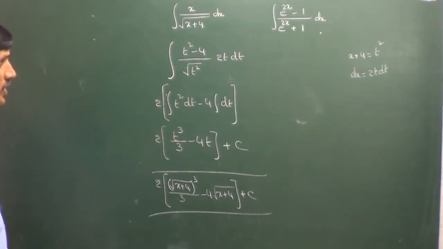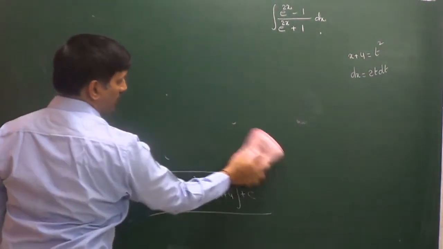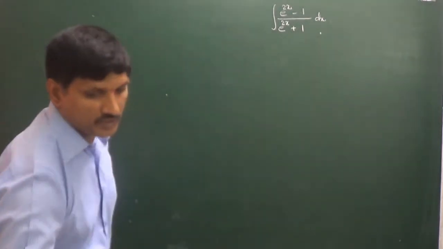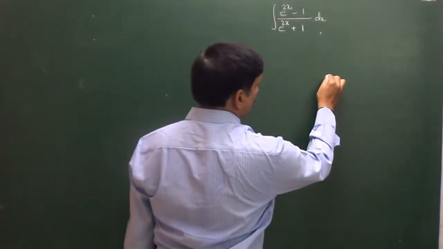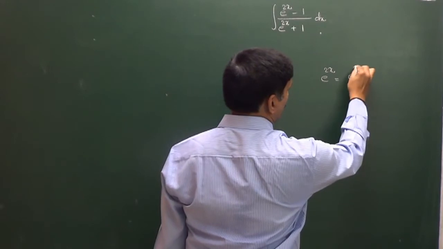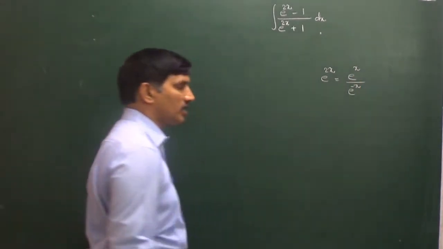Next question: e power 2x minus 1 divided by e power 2x plus 1 dx. How to proceed with that particular question? First of all, you have to get an idea that e to the power of 2x can be written as e to the power of x by e to the power of minus x. Agree or not?